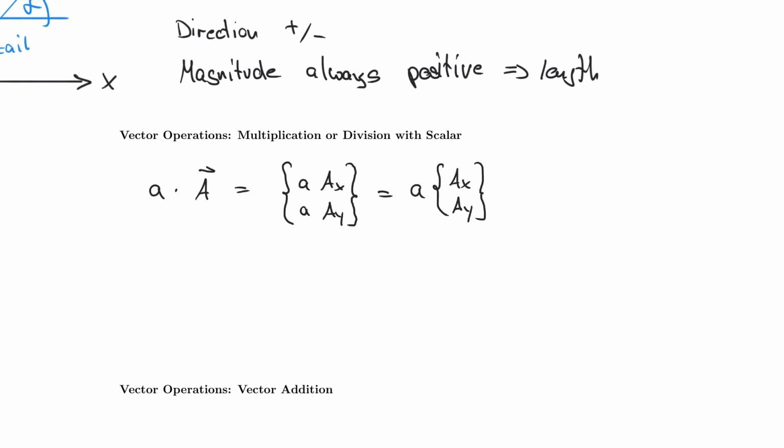And if you know how to multiply, then you can also do division, because if you, let's say, have a divided by b, then that's just the same as 1 over b times a. And so therefore it's the same rule, which is 1 over b times ax and 1 over b times ay. And so on and so forth.